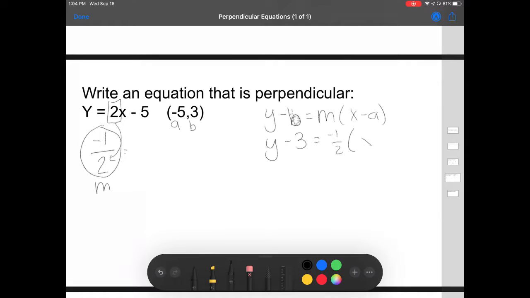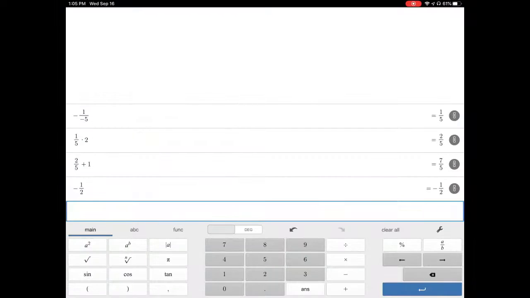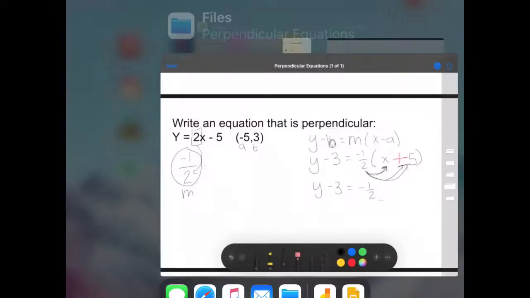y minus 3 equals negative half x minus negative 5. Negative negative is positive. Distribute your m. A negative half times x is a negative half x. A negative half times 5. Plug that in here. Negative 1/2 times 5 as a fraction is negative 5/2.